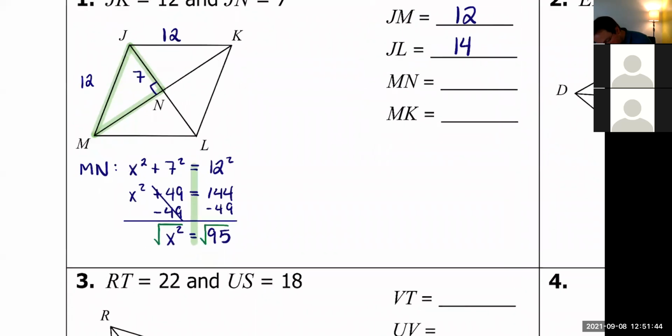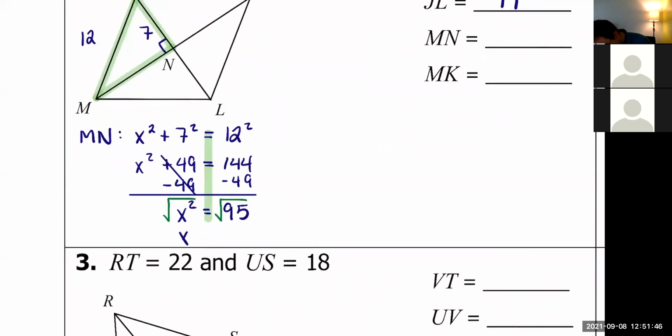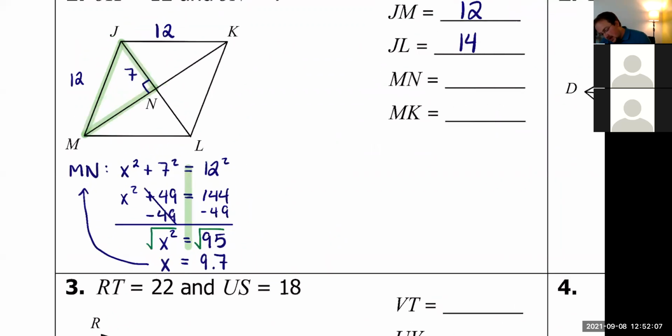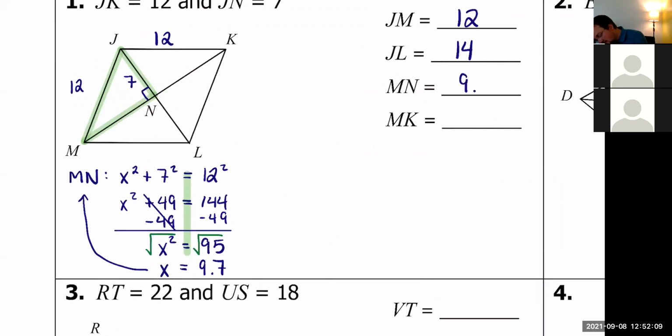So ends up, I get x equals 9.7. And don't forget, this x was my MN. So MN is 9.7.